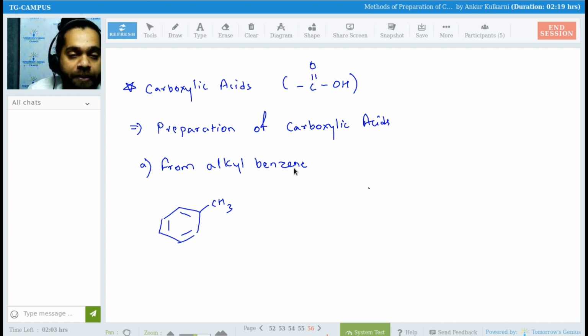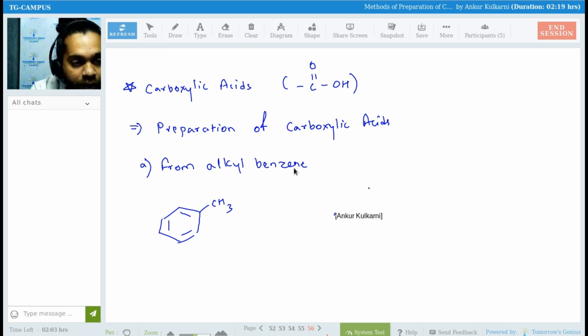For organic chemistry, do not tell me in terms of electrons. What do we mean by oxidation? Addition of oxygen or removal of hydrogen. Okay, that is oxidation.